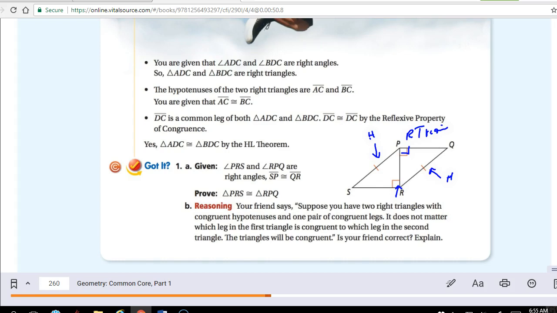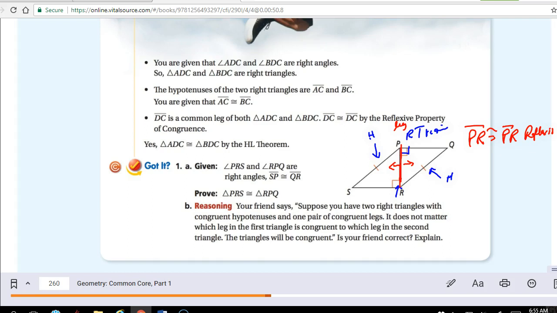And the one more thing is, if we look at this side right here, PR is congruent, of course, to itself, PR, because of the reflexive property. Any segment is congruent to itself, and that belongs to this triangle as well as it belongs to this triangle, and that is referred to as a leg. So we have a hypotenuse and leg of one triangle congruent to the hypotenuse and leg of the other.